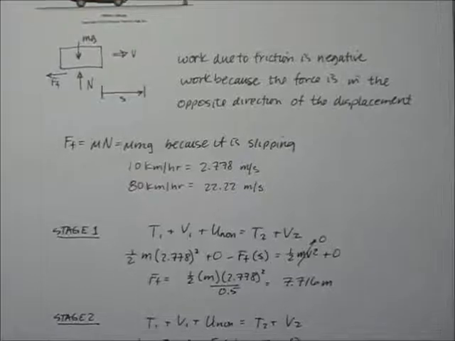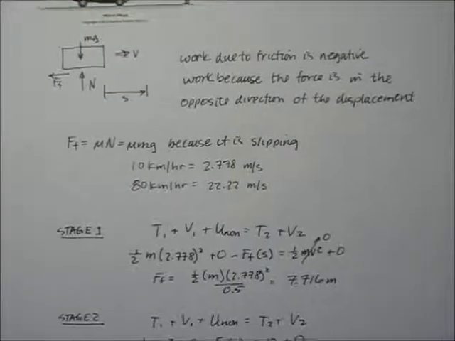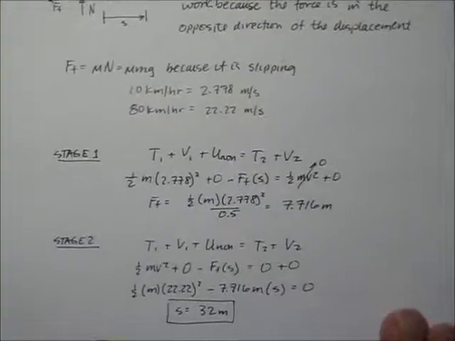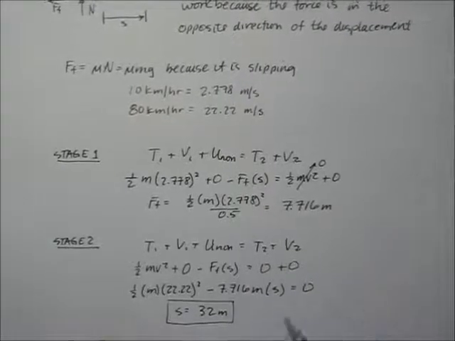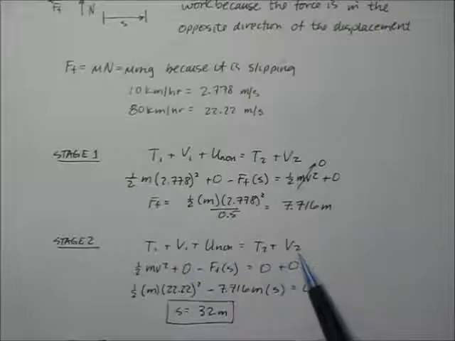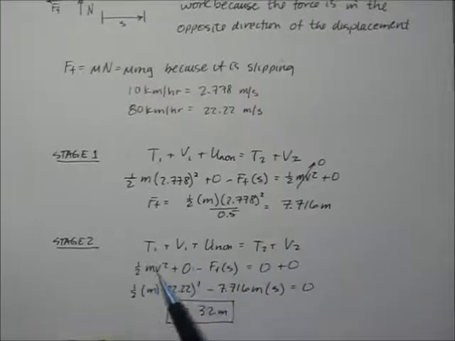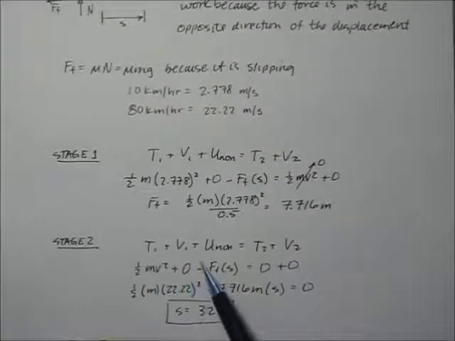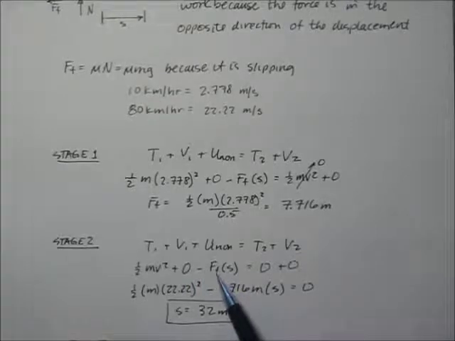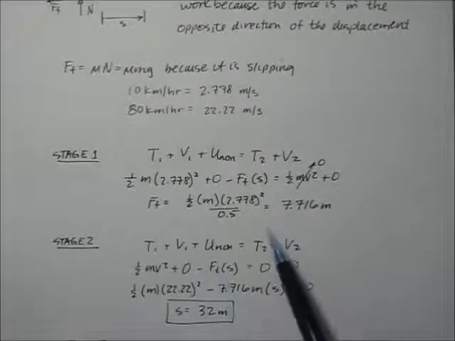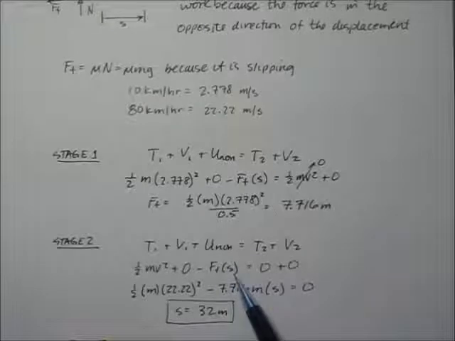All right. Now, using that in our second piece, we're going to suggest that for the 80 kilometers per hour, he's got the same equation, T1 plus V1 plus U naught is equal to T2 plus V2. Again, I've got a 1/2 mv squared, no potential energy. I've got the same force of friction, and I'm going to bring that in from here, but it's going to act through a different distance.